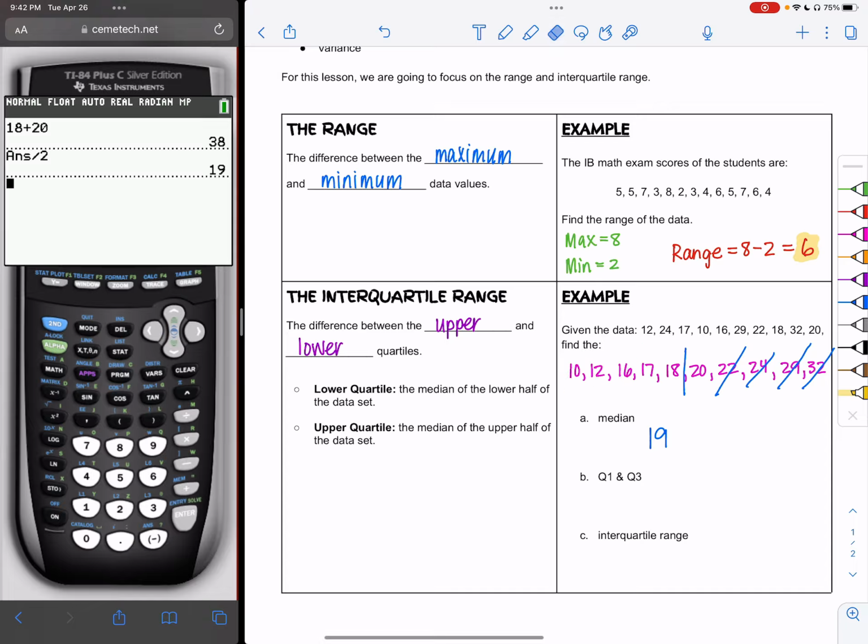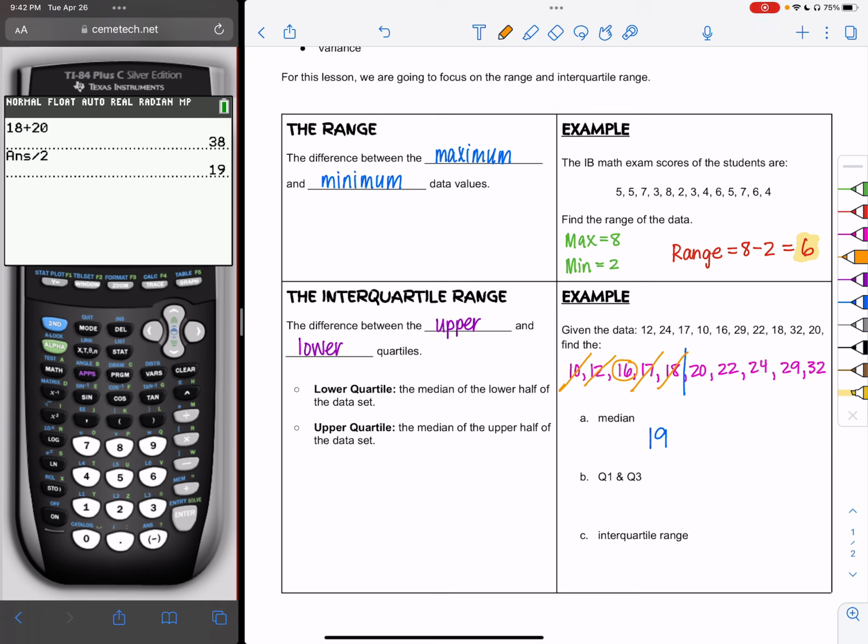Now once you have found your median, you have divided your data set into an upper and a lower section. So I'm going to look at the lower section, which is this portion here, and find the median. I cross them out, 1 on the end, 1 on the other, 1 on the end, 1 on the other. Here my median is 16.